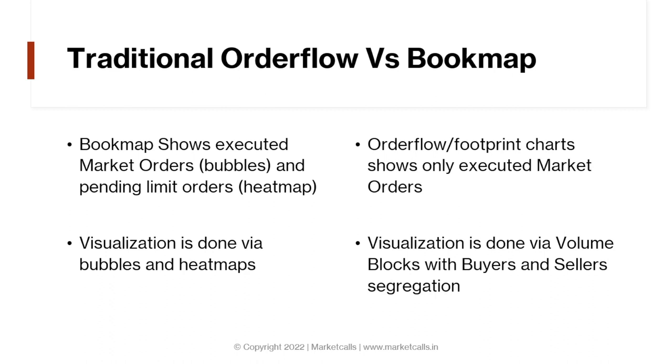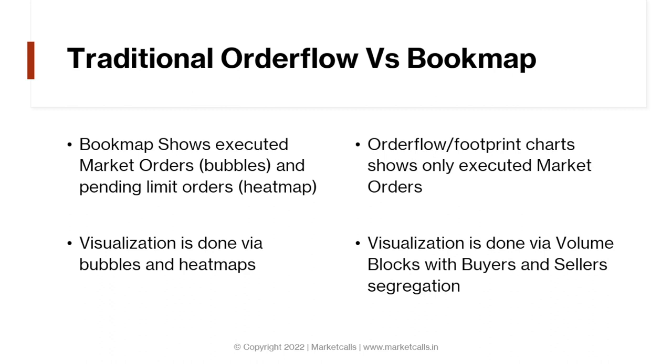Visualization in Bookmap is done via bubbles and heat maps, so that we can have a better picture compared to other traders who are using indicators. They rely only on indicators, only on mathematics. Here, bubbles and heat maps, we use to get a real experience of the markets. We rely on experience, on screen time. We rely on what is actually happening in the markets rather than living with theoretical knowledge.